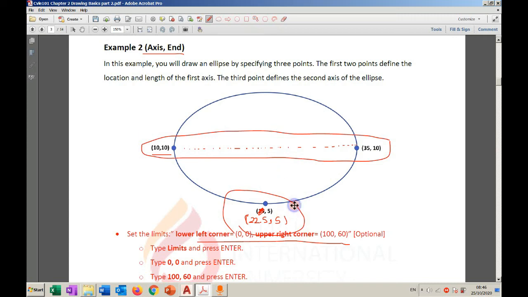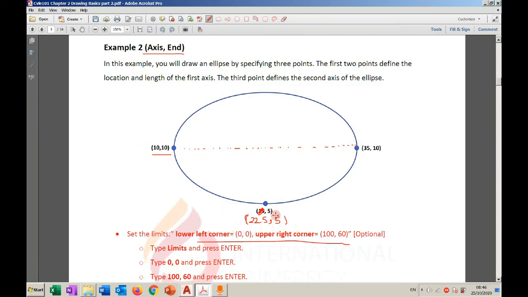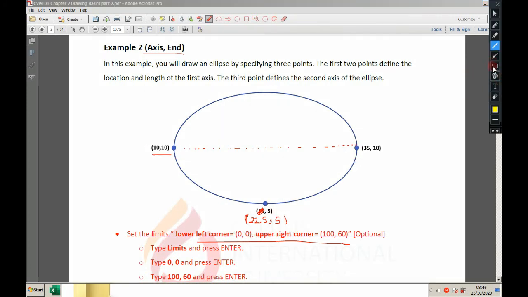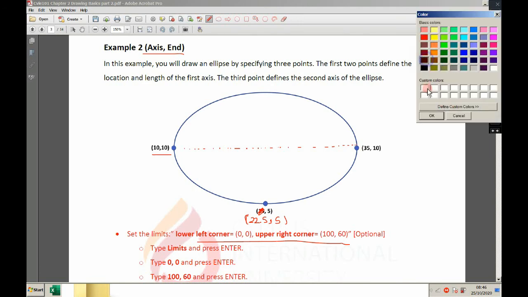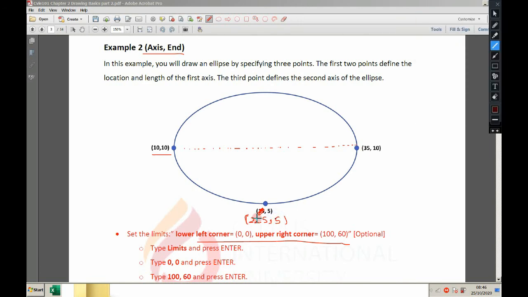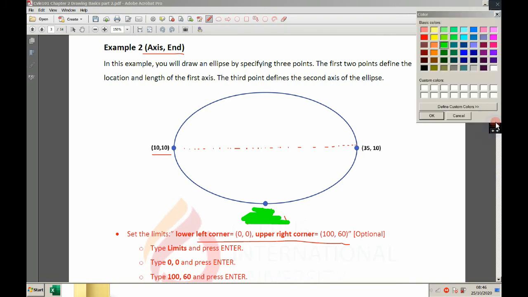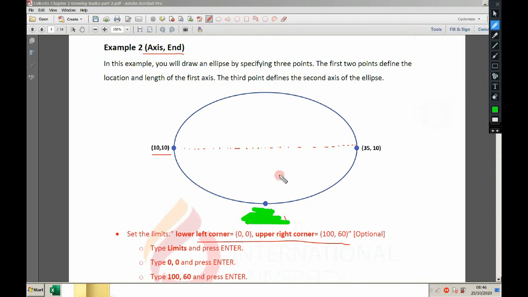Let's say that you don't have this coordinate here. Instead of that, what do we have? We have a distance. That will also be fine.